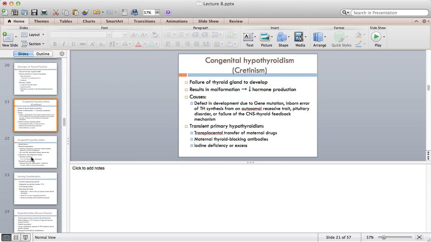In fact, if you think of hypothyroidism, the symptoms will be sluggishness. Everything is slow. Heart rate is slow, metabolism is slow, muscle tone is slow, the child is so sleepy and droopy.